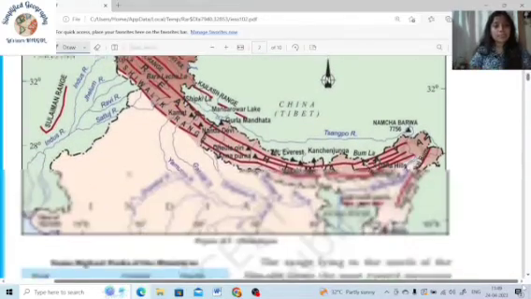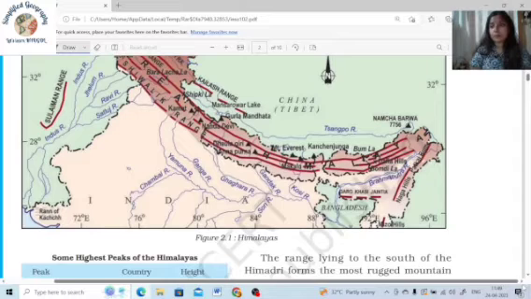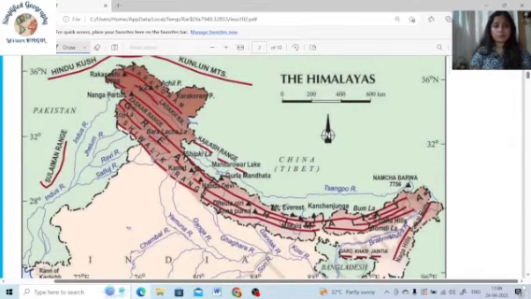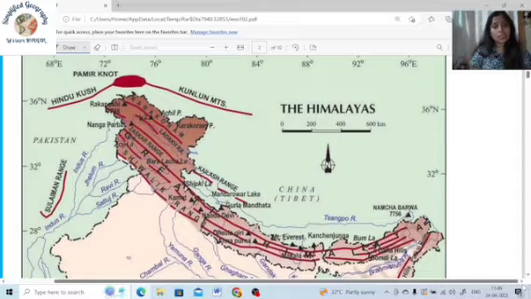As you can see in the map, first we have Himadri Himalaya. Then the different parts of Himadri Himalayas are also marked.